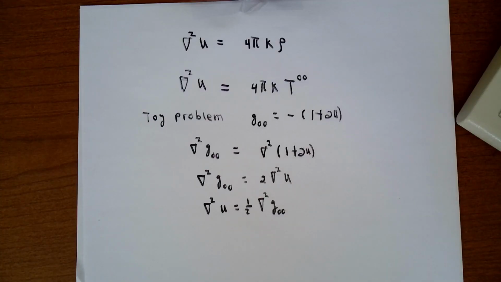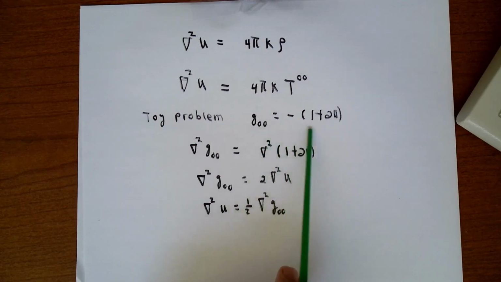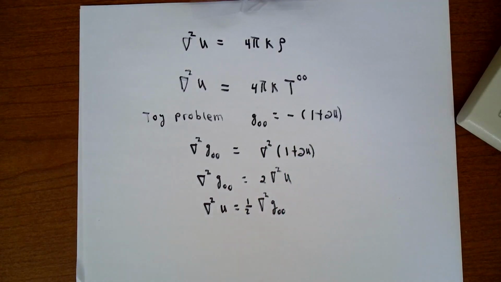Referring back to the toy problem, the only component of the metric that was of any significant difference from Minkowski was the 0,0 component. It worked out to be the negative of 1 plus 2 times the gravitational potential.